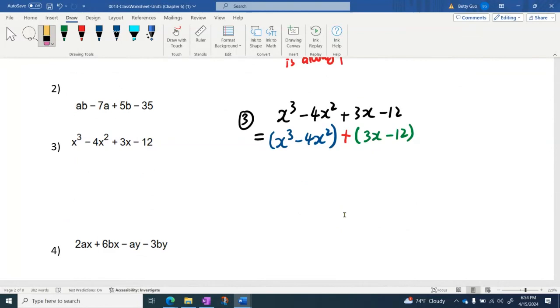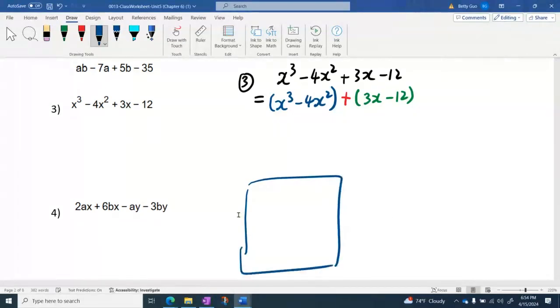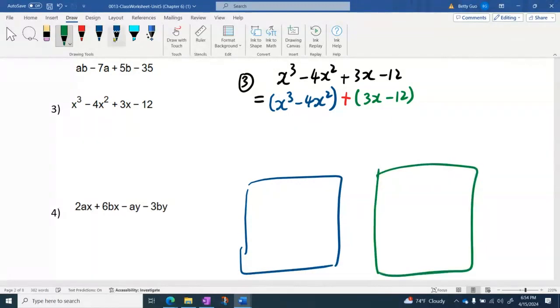And I'm going to use 2 boxes to organize the 2 groups, okay? And then we put them back. This is the blue box, this is the green box. In the blue box, we're going to process the blue group, x cubed minus 4x squared. In the green box, we're going to process the green group, 3x minus 12.